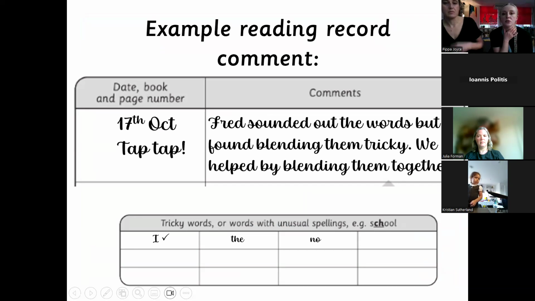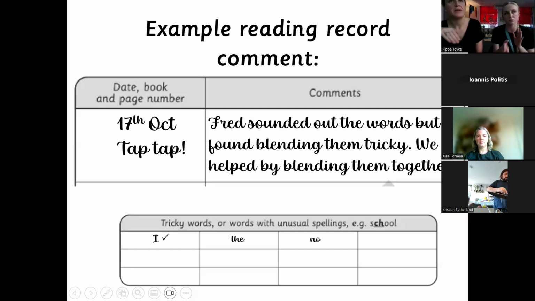We'll create a bank of those at the bottom, and those are the ones that we can't sound out. So if they come across it in a story, the cat sat, they won't be able to sound out the. So it's just a reminder that we can't sound that one out. We just know that it is the, and then carry on with the blending.